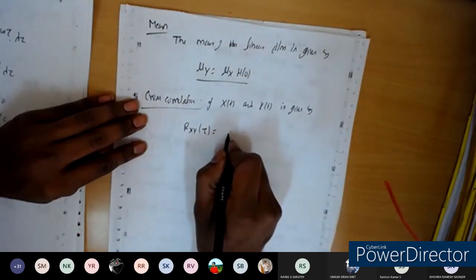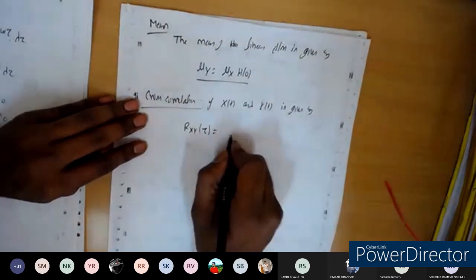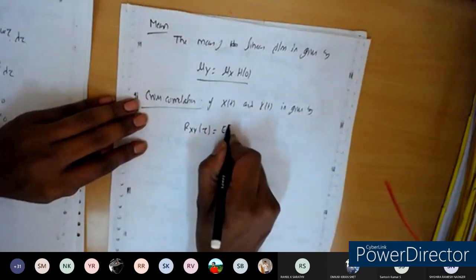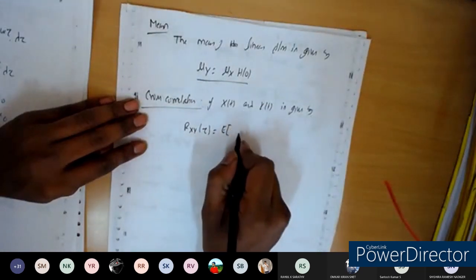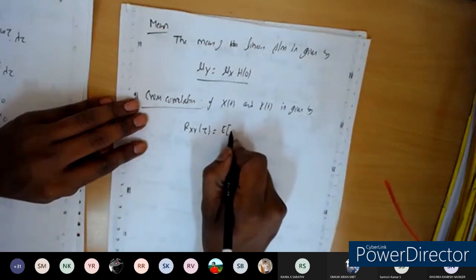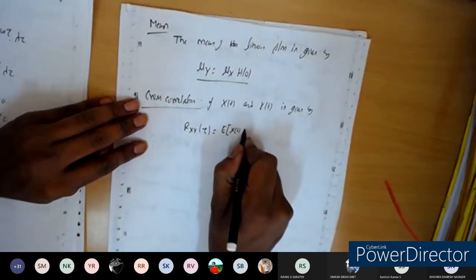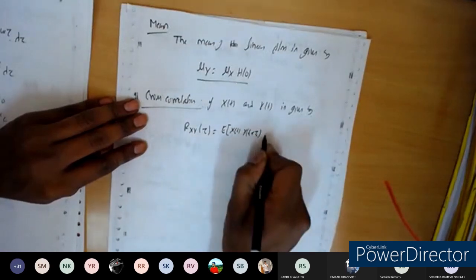It is nothing but the cross correlation of x of t and y of t, that is the expected value of x of t and y of t plus tau taken here.